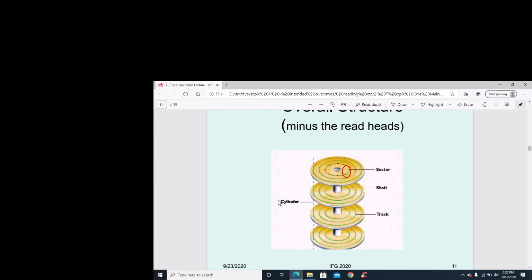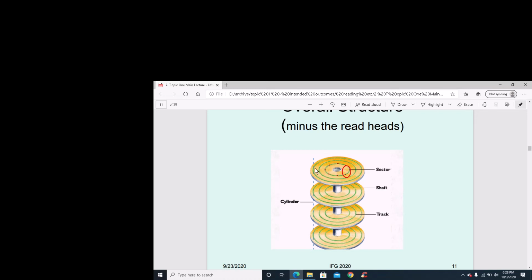And a little bit of further terminology: if you imagine this particular track, supposing it's track number 4000, then look at track 4000 on disk platter number 2, and track number 4000 on platter 3, and 4.